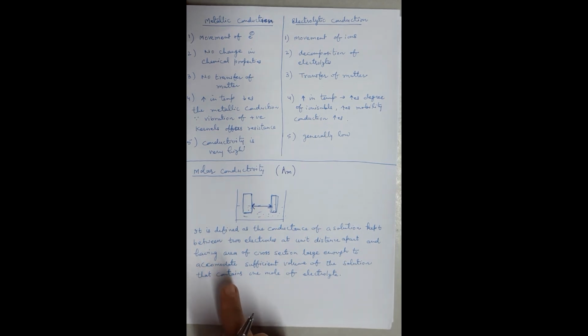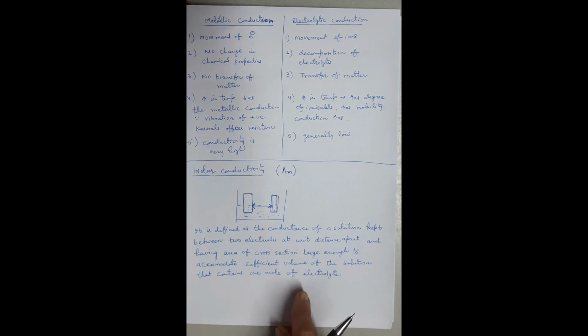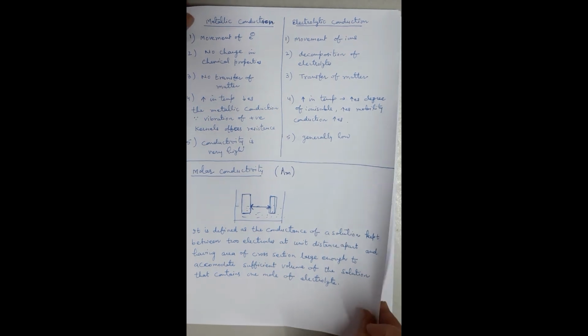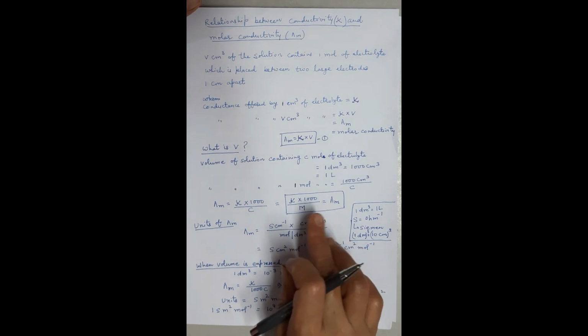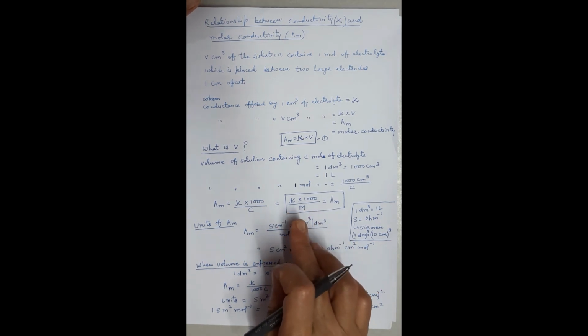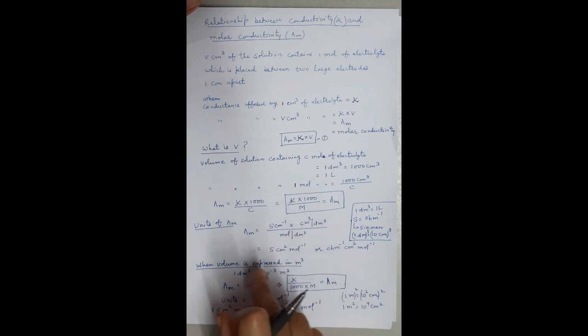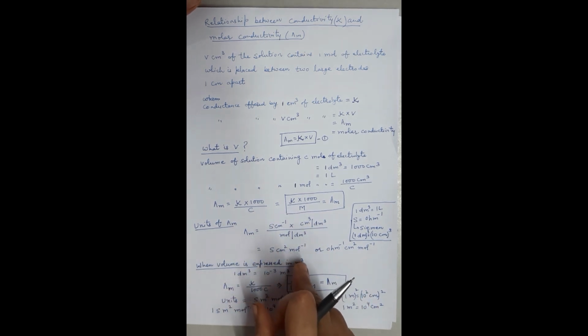Then molar conductivity is an important term because it is valid for V centimeter cube of volume, whereas conductivity is for 1 centimeter cube of volume, and concentration is also employed in this. So molar conductivity is derived in this way: lambda m is equal to kappa into 1000 upon molarity if it is expressed in Siemens centimeter square mole inverse.